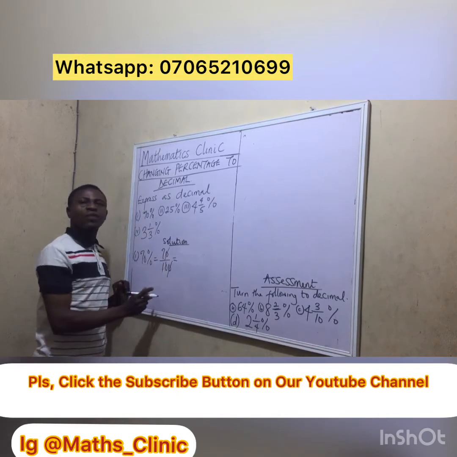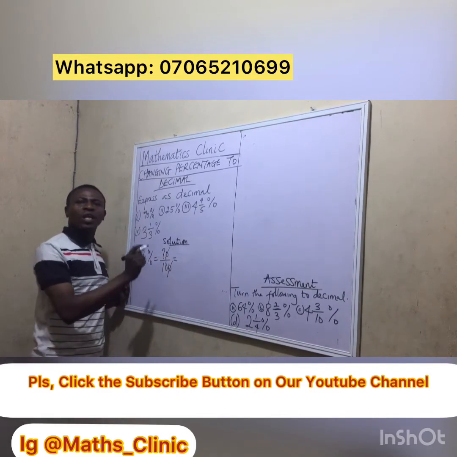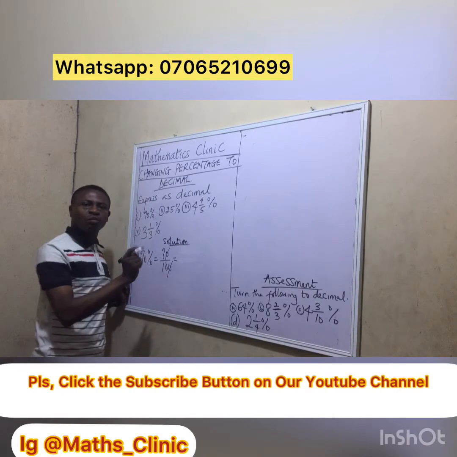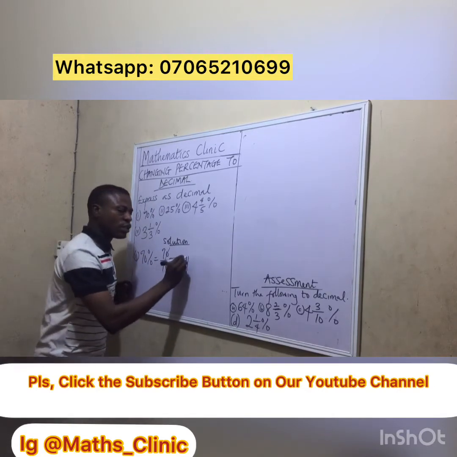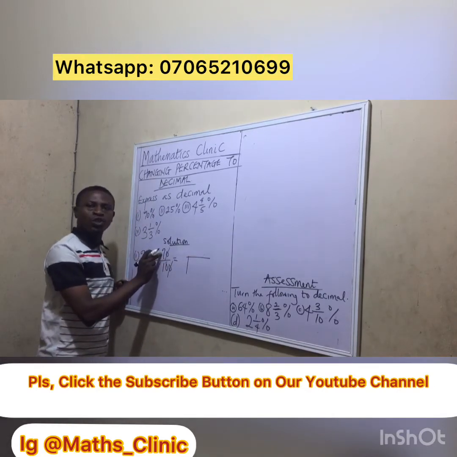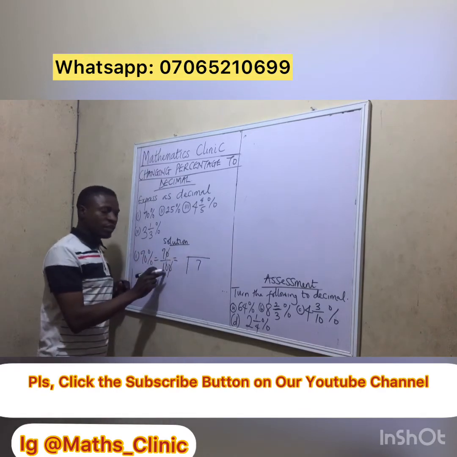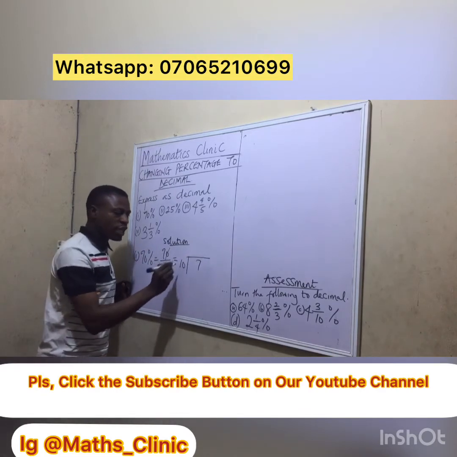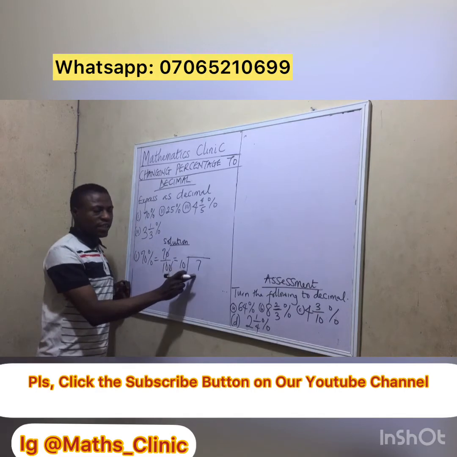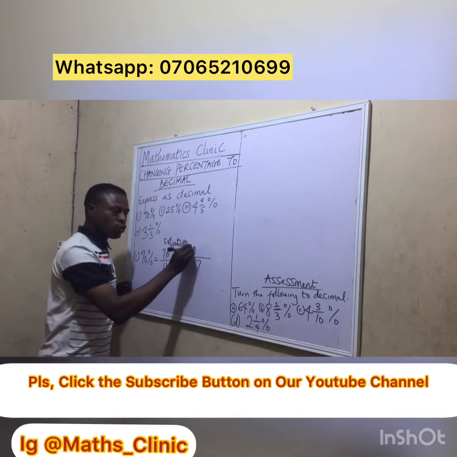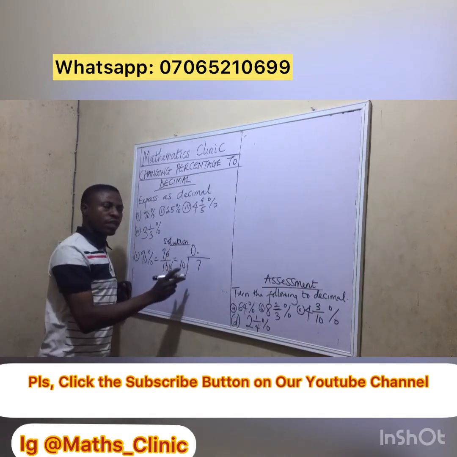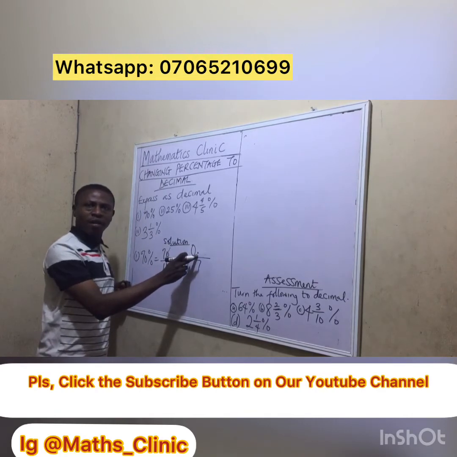So what are you going to do? If you want to take it to decimal, you apply the long division method. And what does that mean? Your top number, which is the numerator, will be inside, while your down number, the denominator, will be outside. How many 10 can you see in 7? Impossible. You write 0 and put a point. This point is called the decimal point.